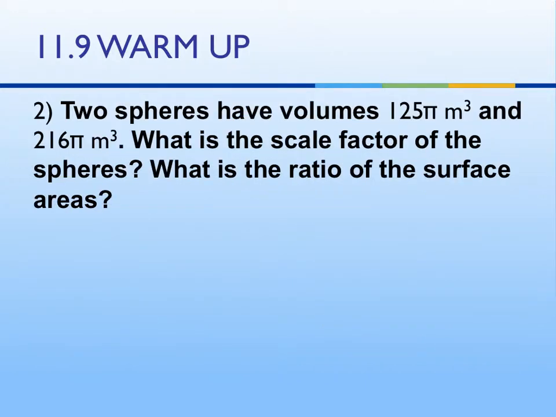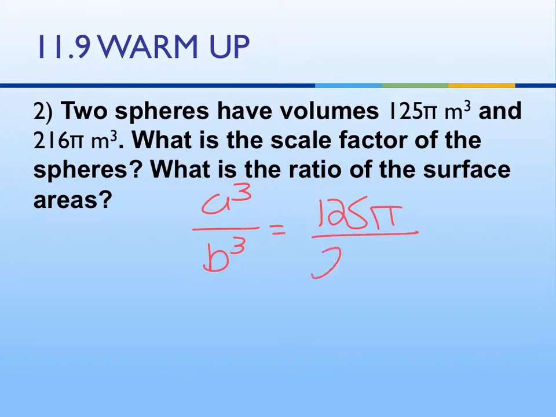Okay, 2 says 2 spheres have volumes of 125 pi meters cubed and 216 pi meters cubed. What's the scale factor of the spheres, and what's the ratio of the surface areas? So now we're working with volumes. A cubed over B cubed would give you 125 pi over 216 pi.